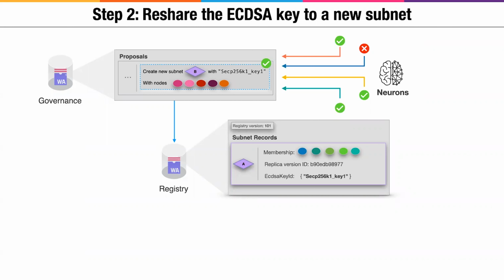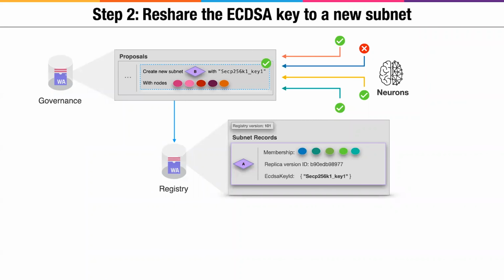Specifically, it needs to create some threshold BLS keys that are used, for example, for the random beacon or for certification. These keys are always generated by the NNS subnet itself. So the registry makes a request to the NNS subnet to please create a new NIDKG transcript so that it can give it to this new subnet.